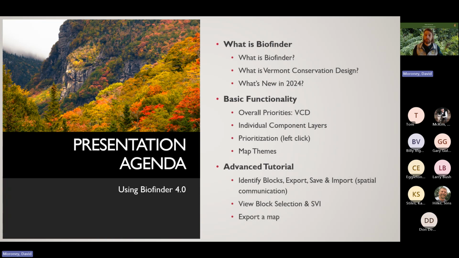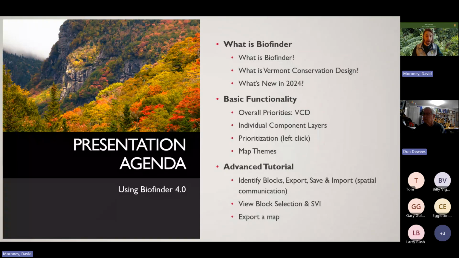Then we're going to talk about some of the basic functionalities of this online tool. And we're going to close with an advanced tutorial, which is going to look at some of the more advanced elements of the tool. And also, Jens will be running us through a bit of a live demo. And we're going to keep our fingers crossed for the technology. Hope that it works with us in live demo. There's always a little bit of a risk, but I think it'll be worth it.